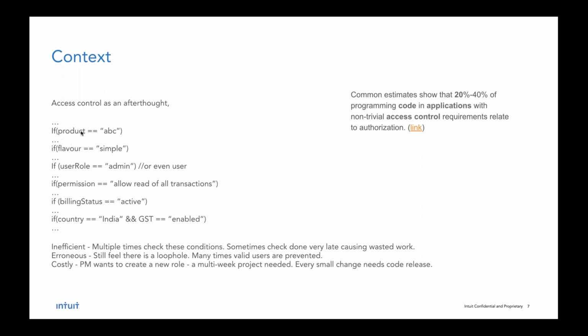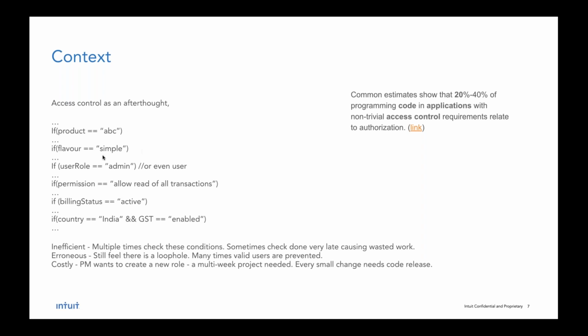So somewhere it says if the product is ABC, flavor is simple, user's role is admin, and the permission that user has says allow read of all transaction, if the billing status is active, and things like if country is this, and whether a particular feature like GST, which only makes sense for India, let's say, is enabled, then allow access. And these ifs are spread across the code, across different systems.